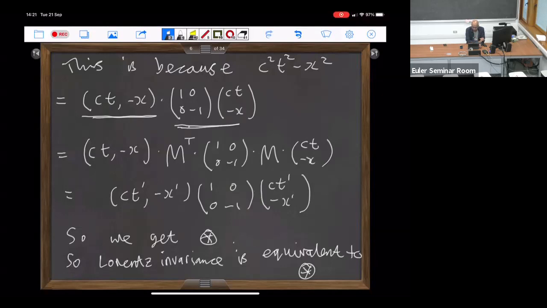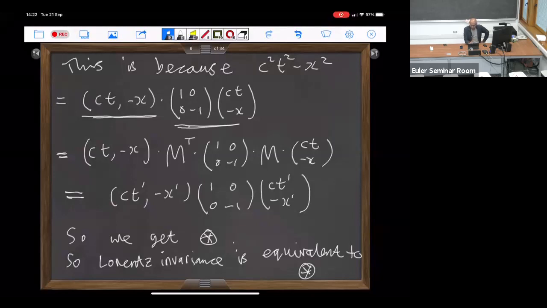Now the next line is the Lorentz transformation. So I'm going to take the Lorentz transformation acting on the right-hand side on the vector (ct, minus x). And on the left, because we've got a row vector, it's transformed by the transpose. And so you see that this is also equal to the inner product between the transformed vectors.